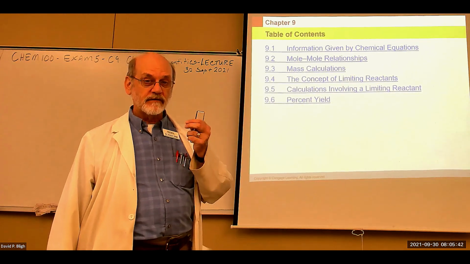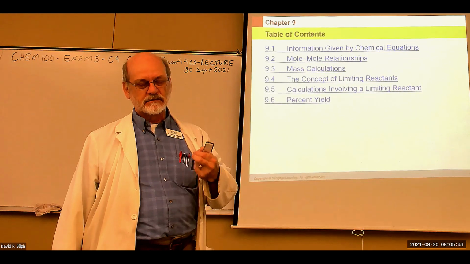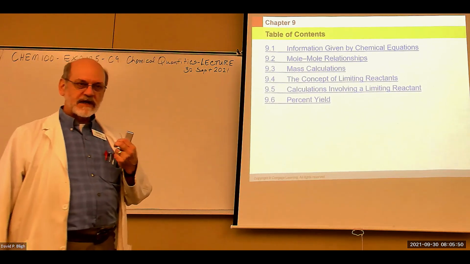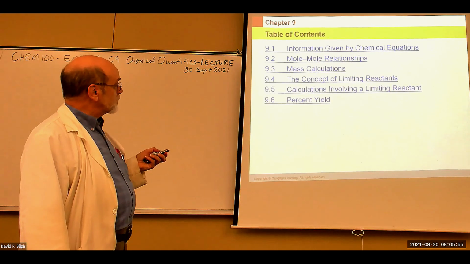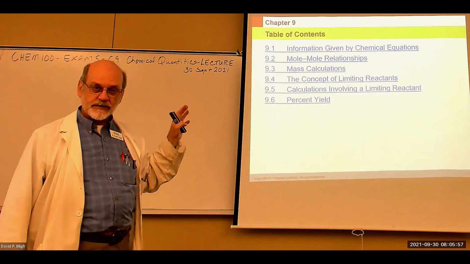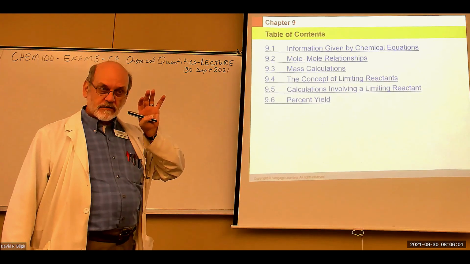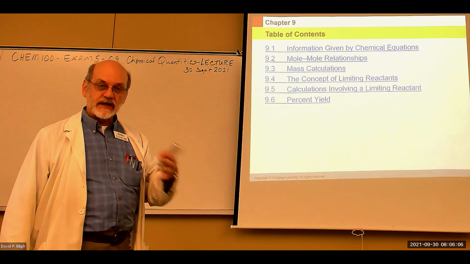It's the number of atoms and the moles of molecules and atoms that determines the outcome of a reaction. Then we're going to use those relationships to actually determine mass input and output.